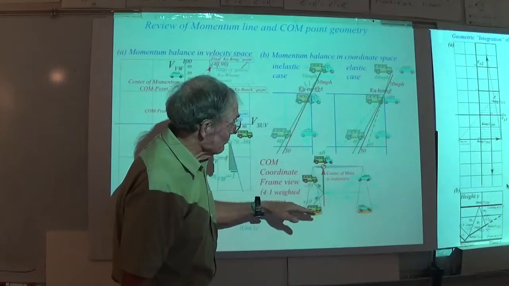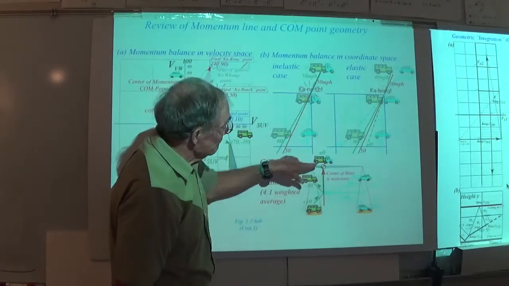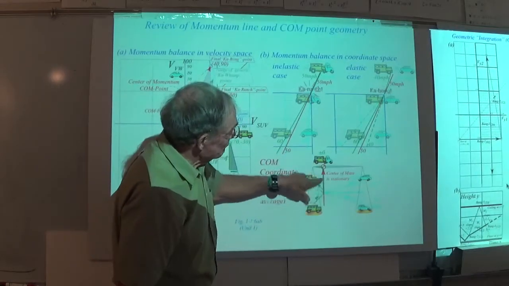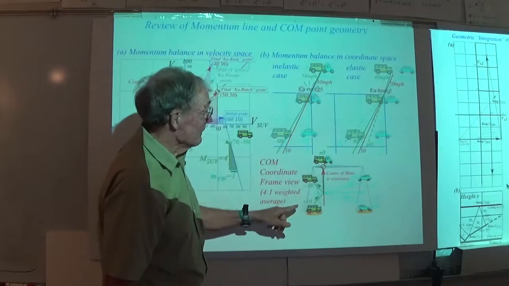So if you were to take a movie of that and draw lines, you can imagine at any point you can balance them. The center of gravity of the system is what you're talking about here.